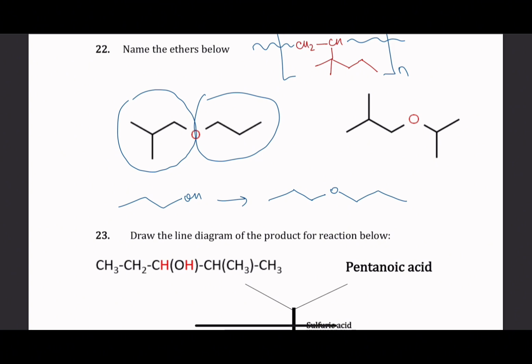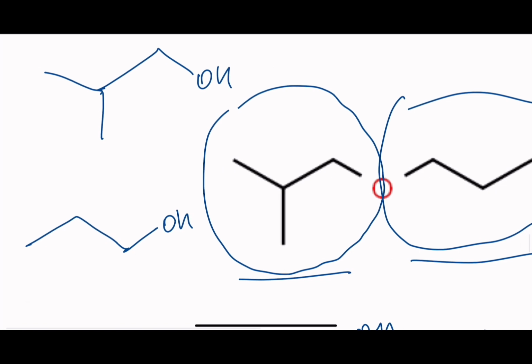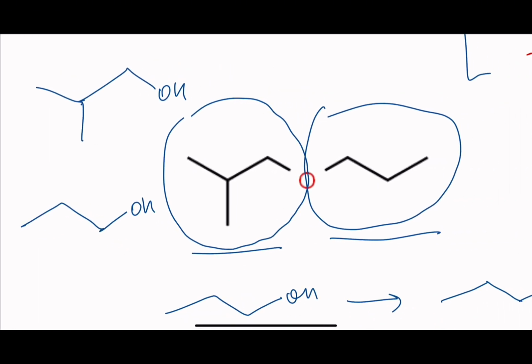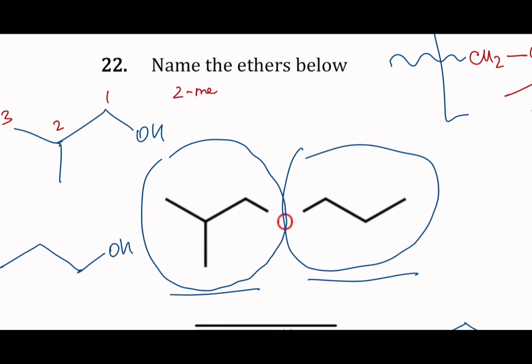So the alcohol which made the left portion looked like this. Do we agree? And the alcohol which made this portion just looks like that. Now let's pay attention and try to name these alcohols. For this one, normally we say 1, 2, 3, so it would be 2-methylpropanol.